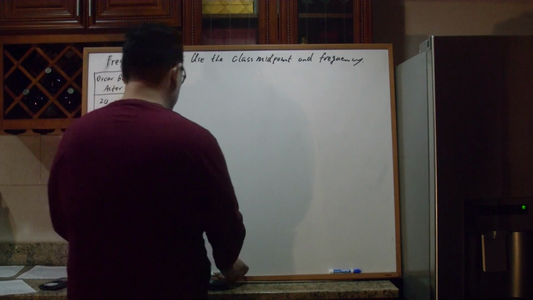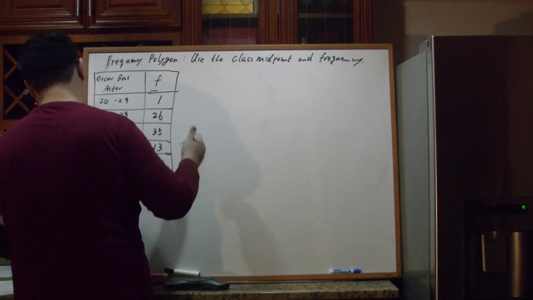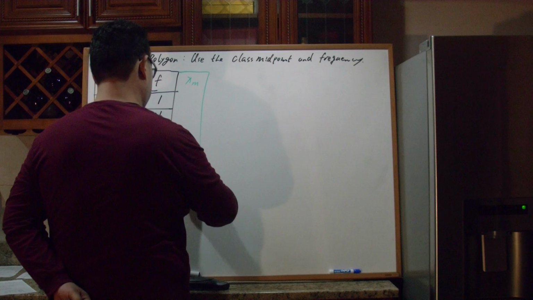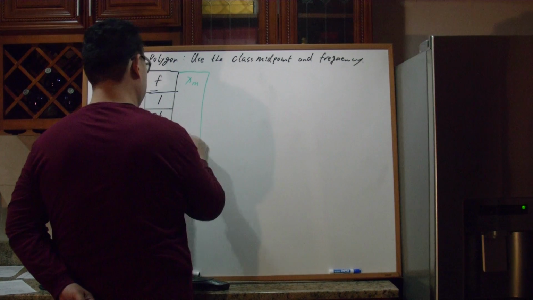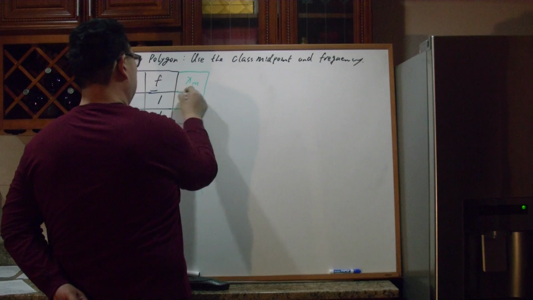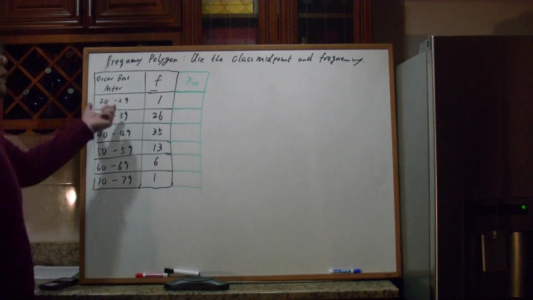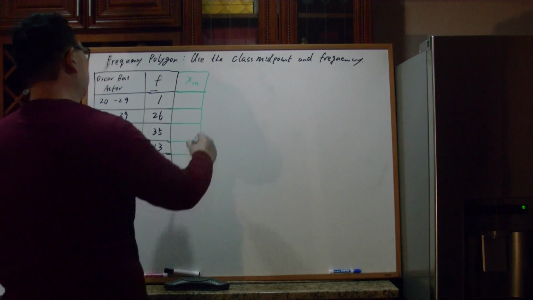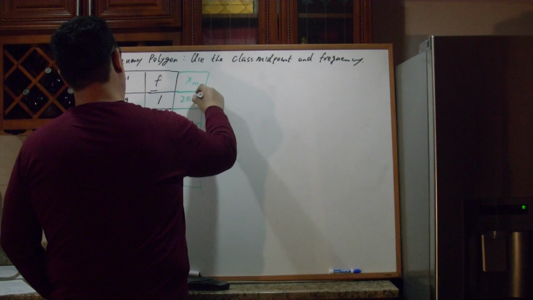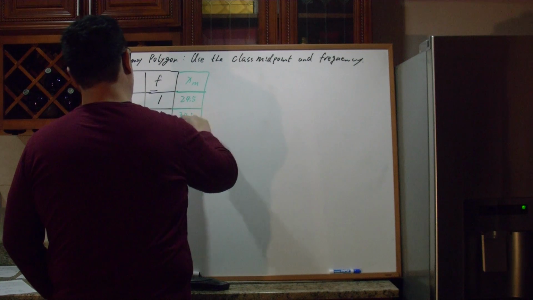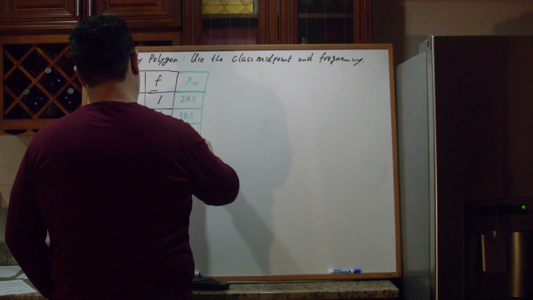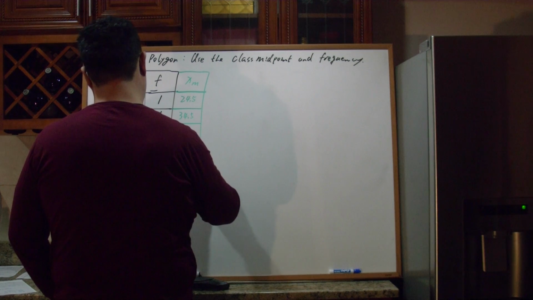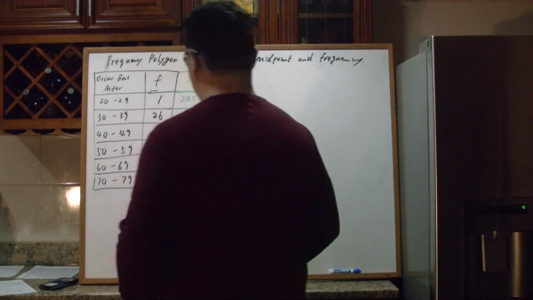We just need an extra column of the class midpoint, which is the sum divided by 2. So 24.5, as we found already, 34.5, 44.5, 54.5, 64.5, and 74.5. That's 6 classes.